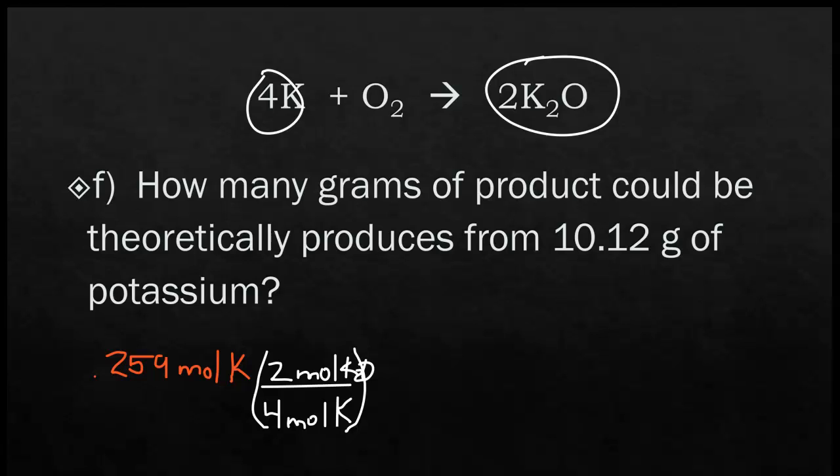So I'm going to multiply 0.259 times 2, then divide by 4, and I'm going to do all that in one step, and I'm going to get 0.1295 moles of K2O.